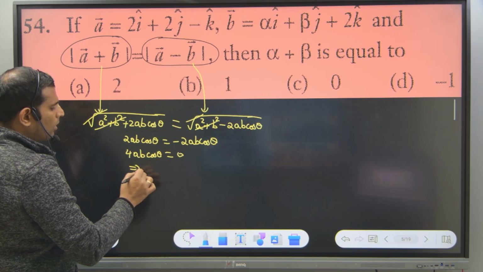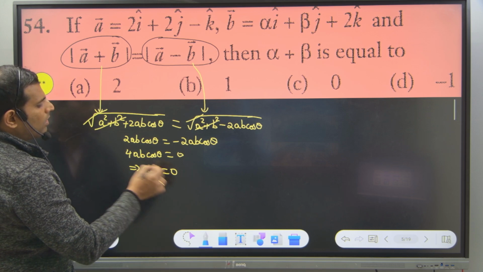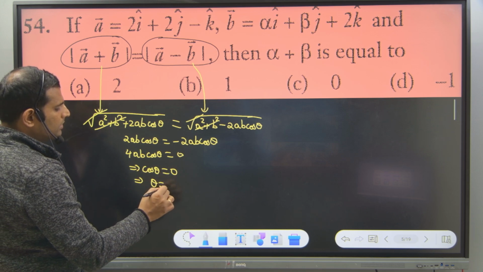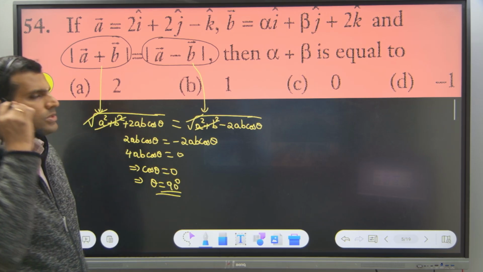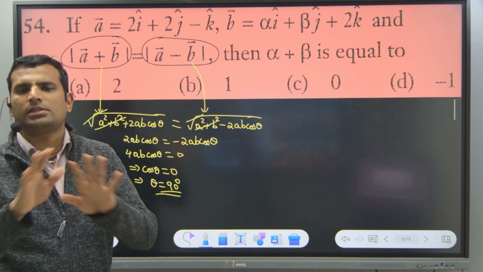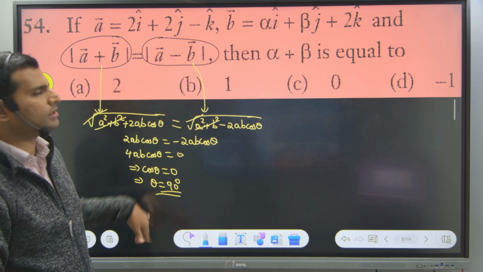That means cos theta should be 0. And when will cos theta be 0? Whenever the angle is 90 degree. So there is no requirement for you to work this out.